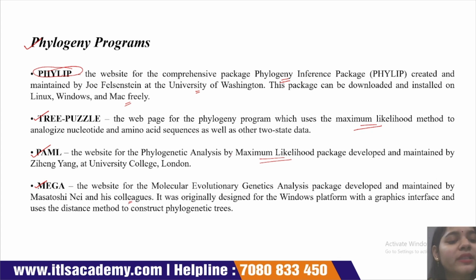It was originally designed for the Windows platform with a graphical interface and uses the distance method to construct the phylogeny tree. Okay, these are the programs by which we easily construct the phylogenetic tree and study the evolutionary relationship between organisms.